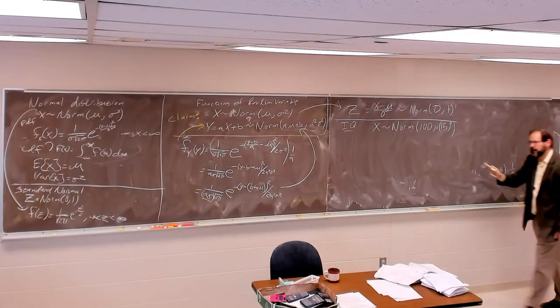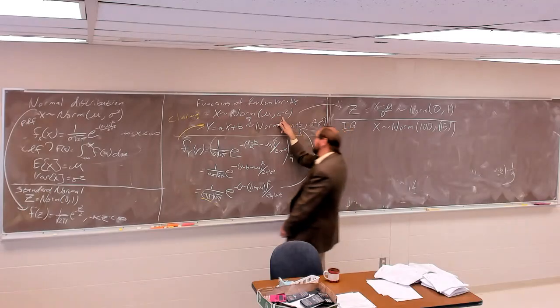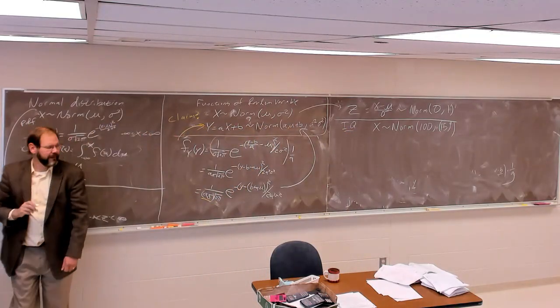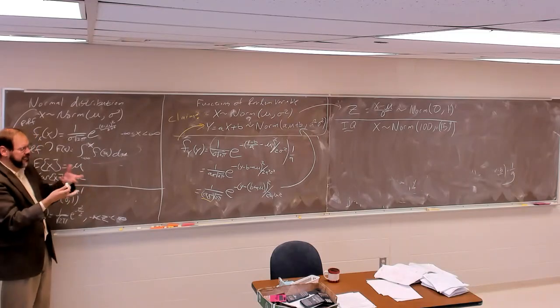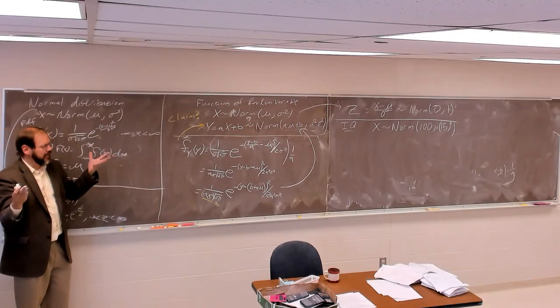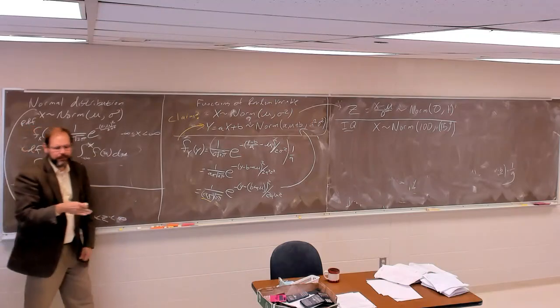I mean, it's pretty ridiculous that we're using sigma squared as a parameter instead of sigma, so I'll just write it as 15 squared. That's how IQ tests are set up, to have an average of 100 and a sigma squared equal to 15 squared.